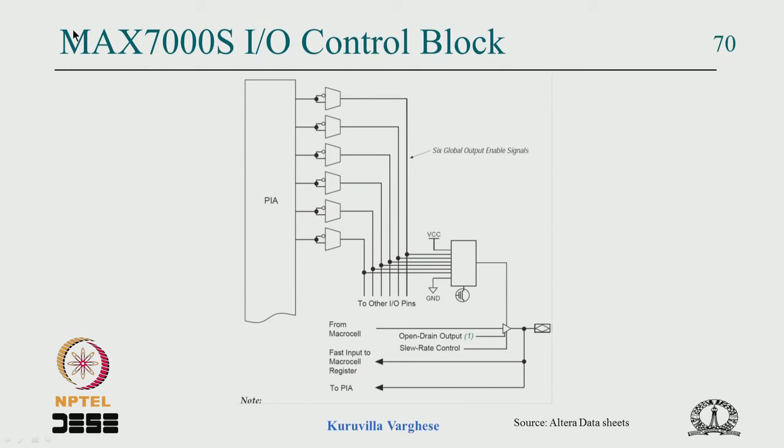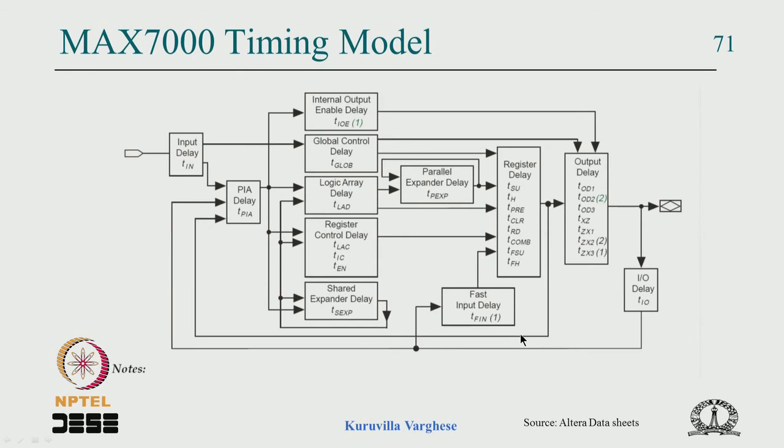Either it can come through the crossbar to this, or some product term can control the IO status of a particular pin. So it's quite flexible, as a product term in some other block can control a particular pin. That adds to the flexibility.